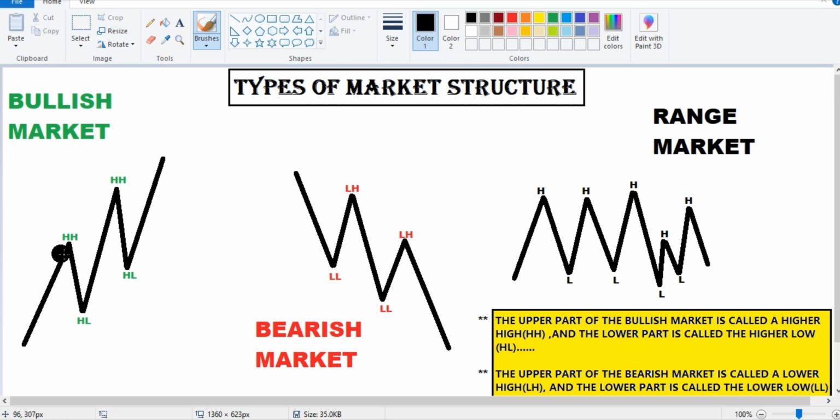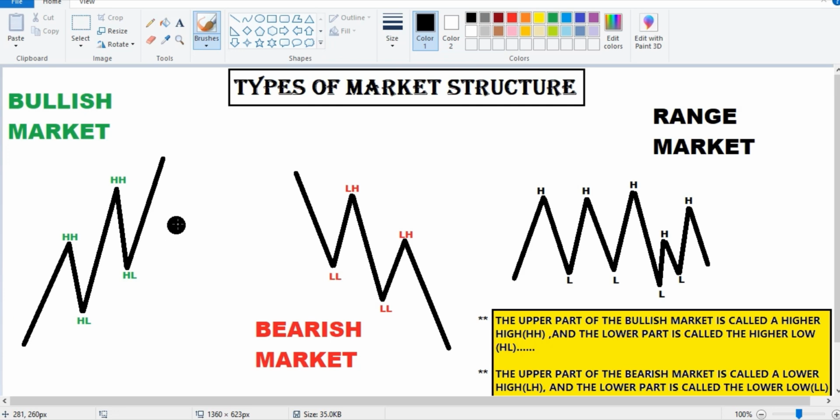The higher high being the higher part of the swing, then the higher low being the lower part of the swing in a bullish market. I'll say it again. The bullish market consists of the higher high and the higher low.